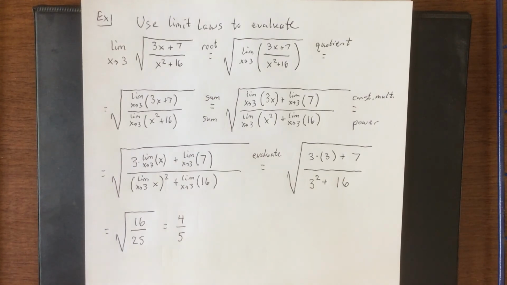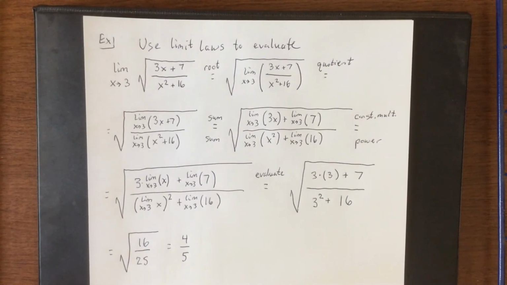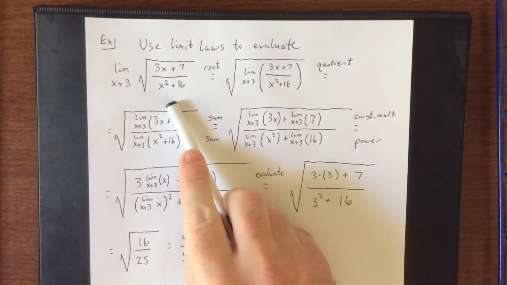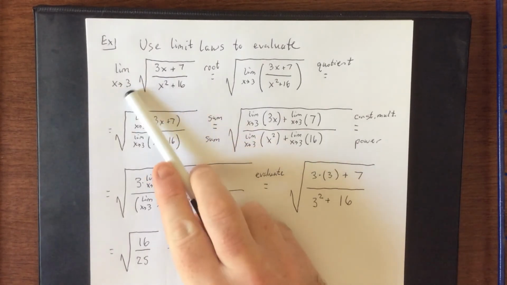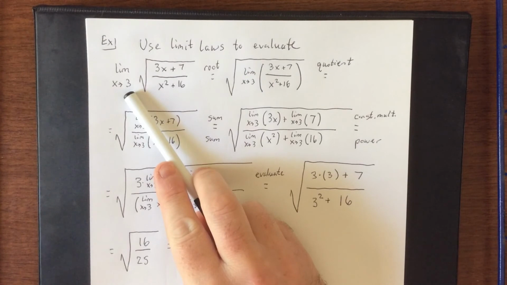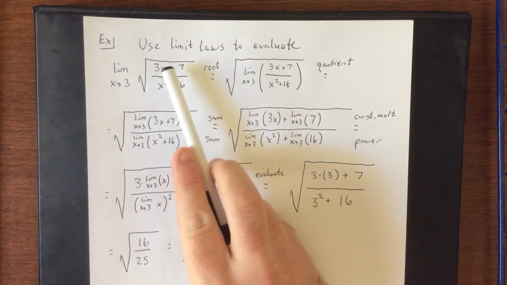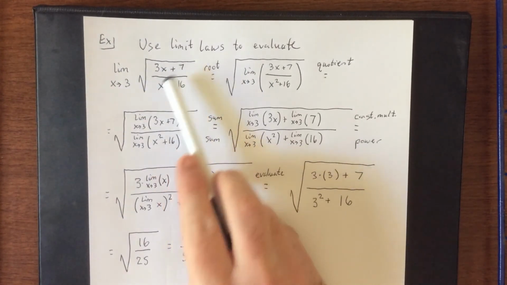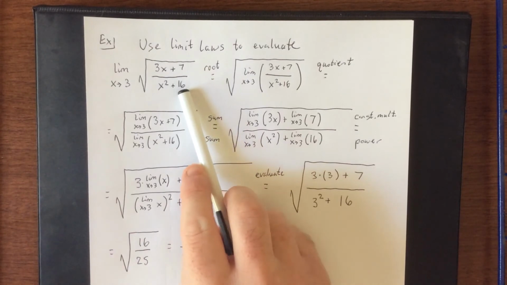Now I'd like to point out something that hopefully makes you really, really mad the first time that you see it. Take a look at the original expression that we had, this guy right here. What expression would we get if we just plugged in x equals 3? Well, that would be 3 times 3 plus 7 over 3 squared plus 16.